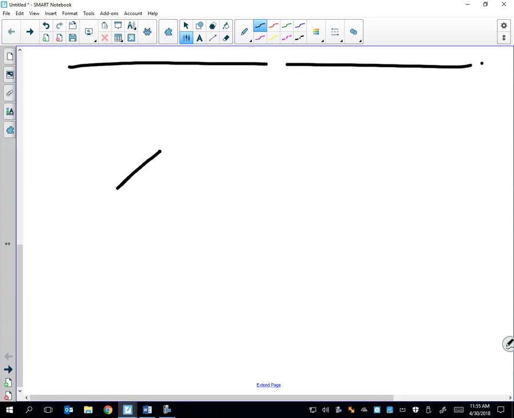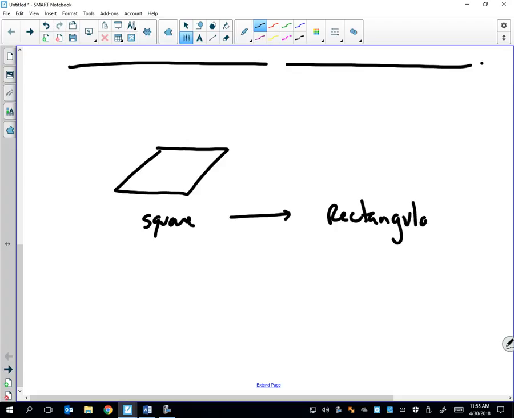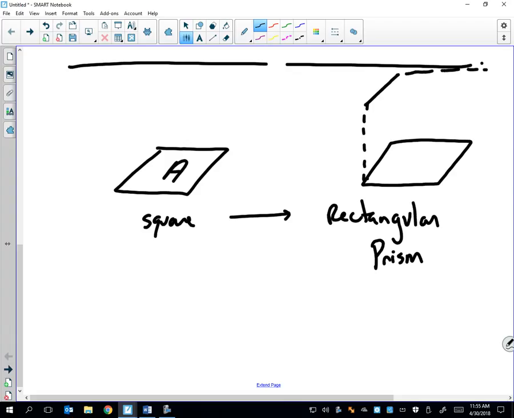If I wanted to go from a square to a rectangular prism, all I do is take the area of the square, whatever it happens to be, and we'll put numbers underneath in just a second. I'm going to drag it straight up, and I generate a rectangular prism.